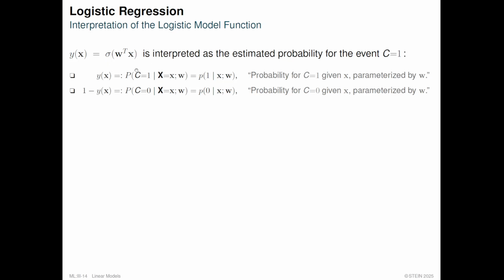So if we consider the probability that, given a specific feature vector and weights for my model, we obtain class 1, that is simply estimated through our sigma of WTX.